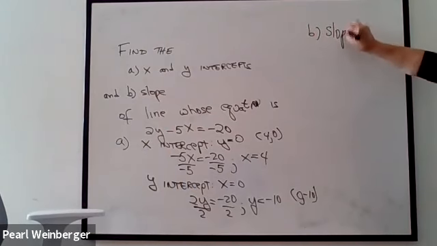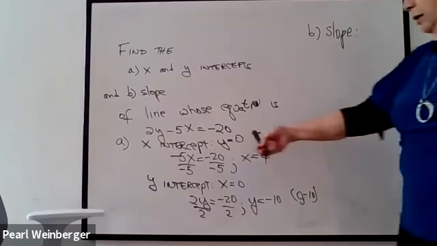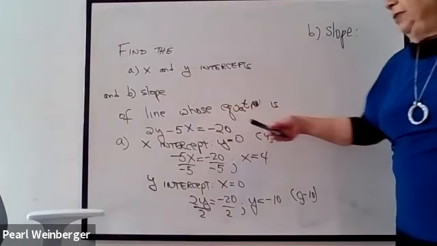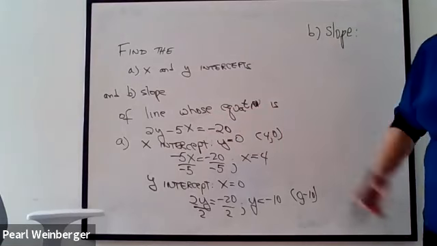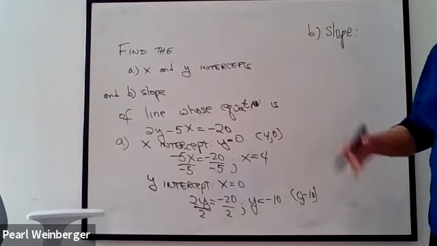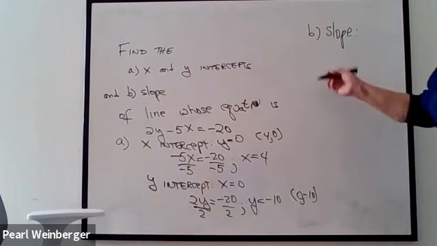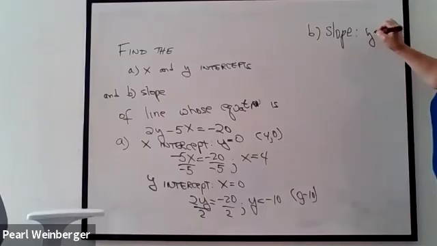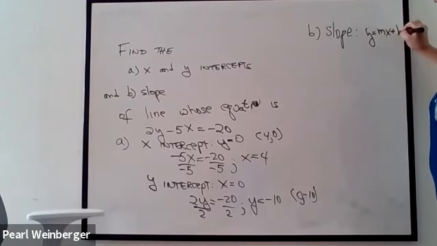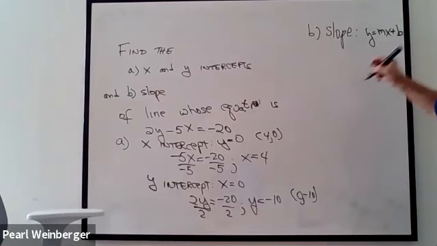Whenever we're given the equation of a line, not points on the line, but just the equation, we can find the slope by putting it in the y equals mx plus b form, what we call the slope-intercept form.